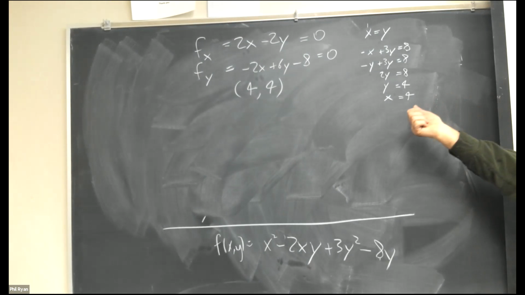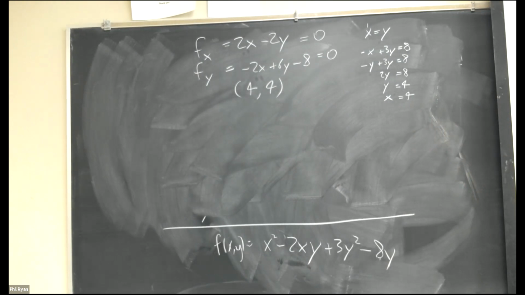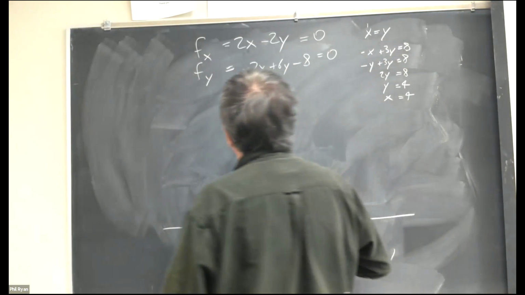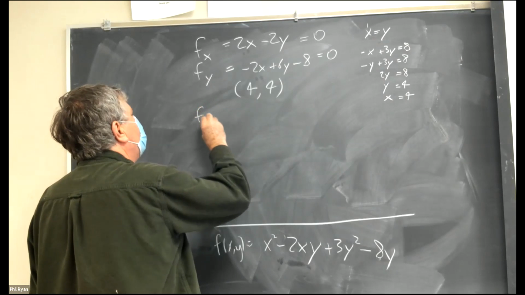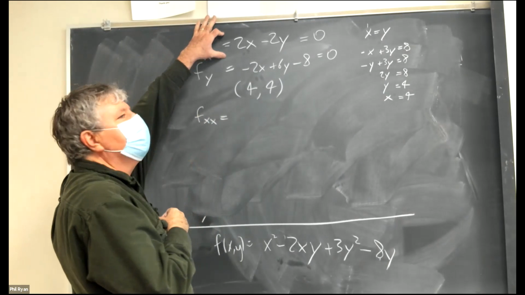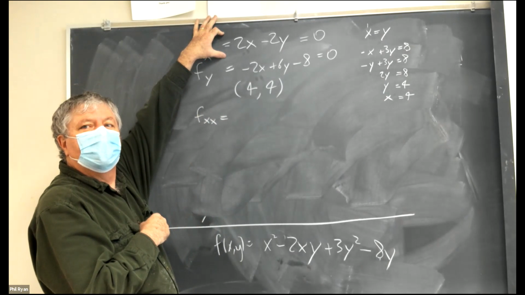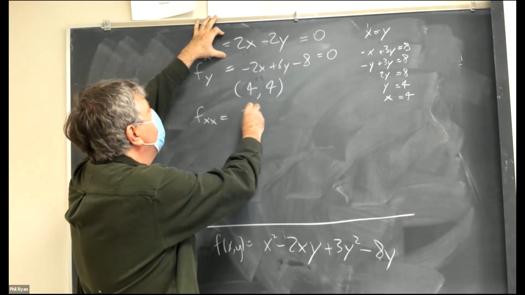Do people remember doing problems like this back in algebra? You should. Okay, so then we've got to find D. So fxx. Okay, we take the derivative of this with respect to x. What do we get, Peyton? 2 minus 2y.